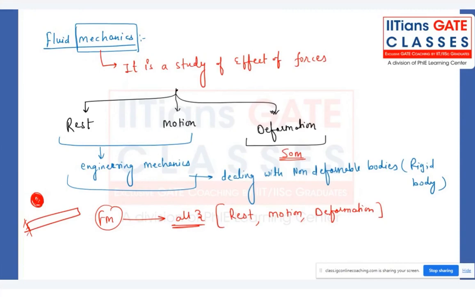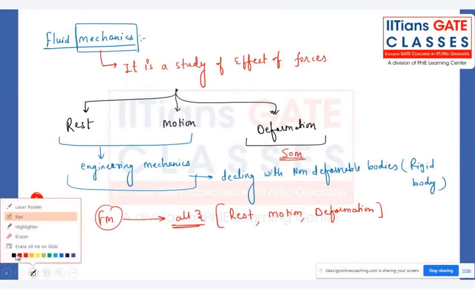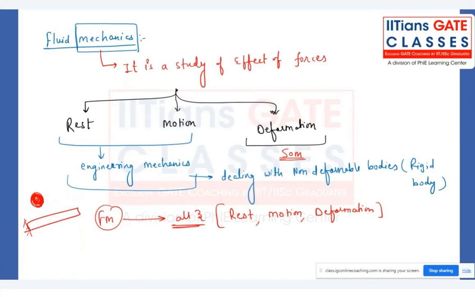Why? Because in fluid mechanics, whenever you say motion, the motion is not possible without deformations in a fluid element. And that deformation where the motion is possible, we generally say it's a shear deformation. Rather, we say shear deformation rate.